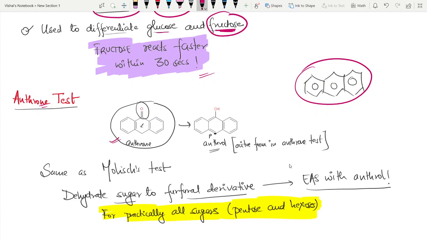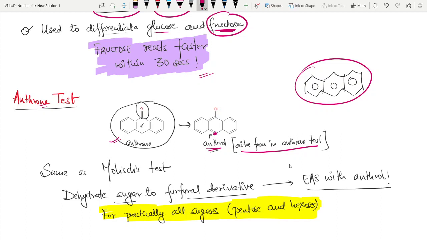The central ring doesn't look aromatic here, but aromaticity is not a ring by ring kind of phenomenon. Anyways, this is anthrone, and it can tautomerize to anthrol, which is the active form in the anthrone test, because here is the activated site for electrophilic aromatic substitution.